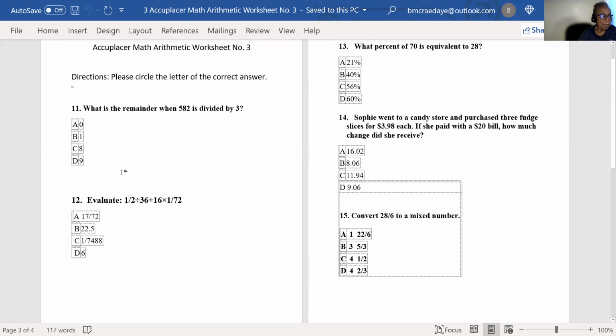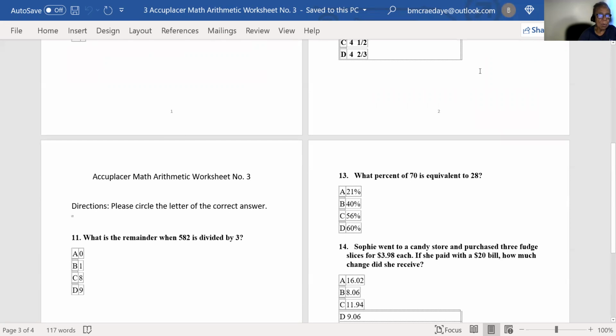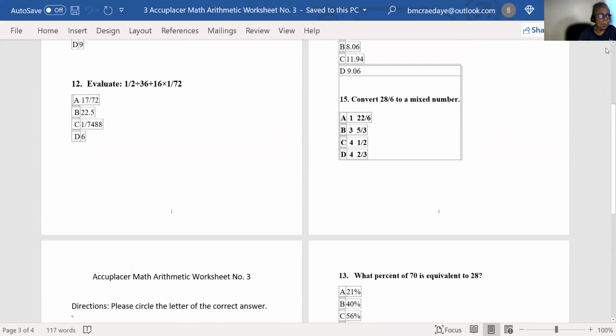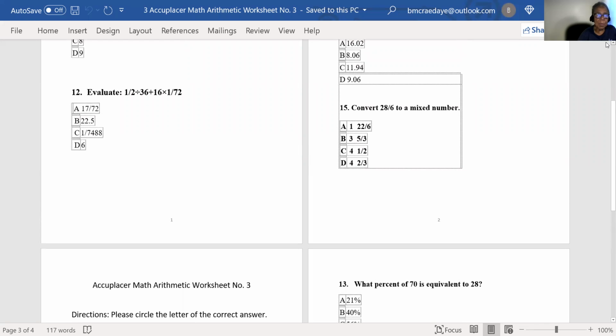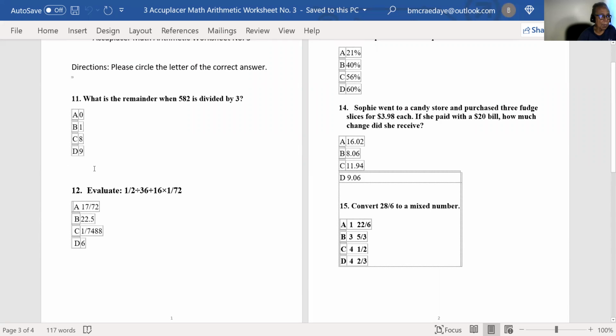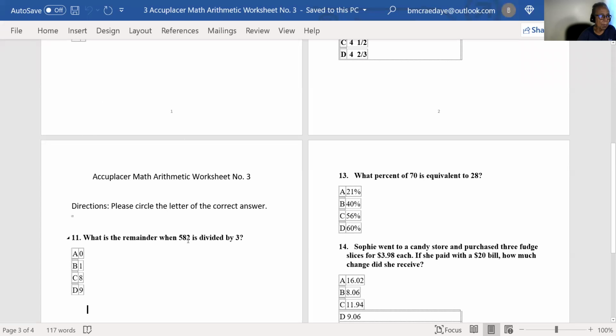Okay, so we have 582 divided by 3. So we have 3 into the 5.